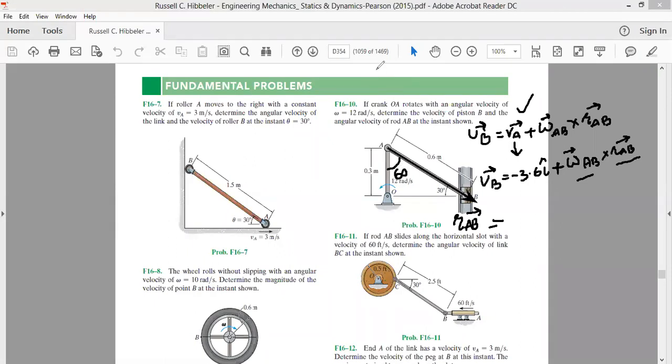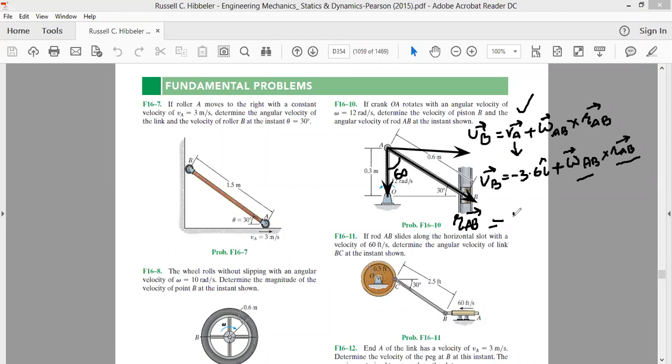The components of this vector: it will have one component along the y-axis like this, and another component like this. This component is RAB cos 60.